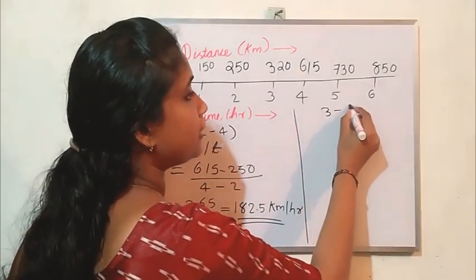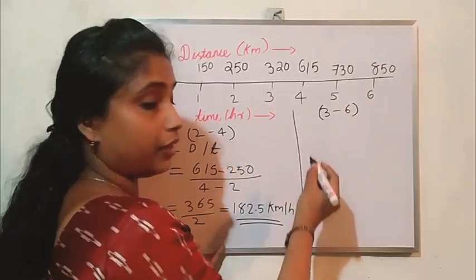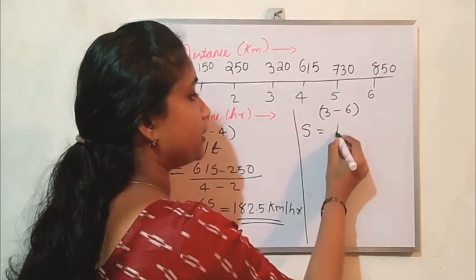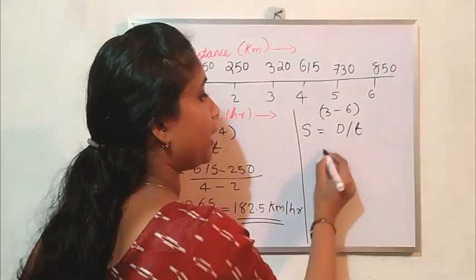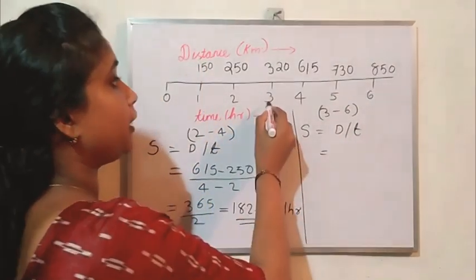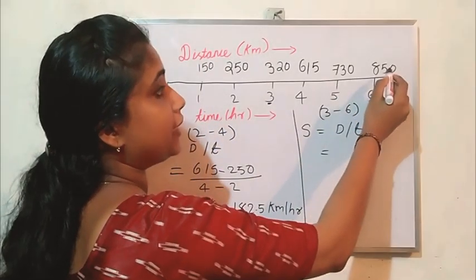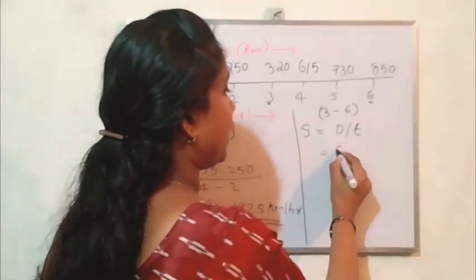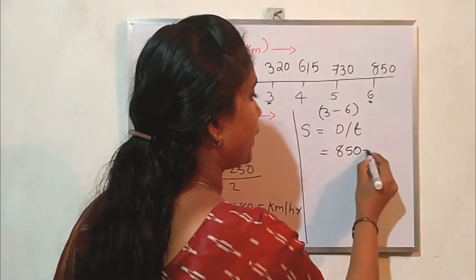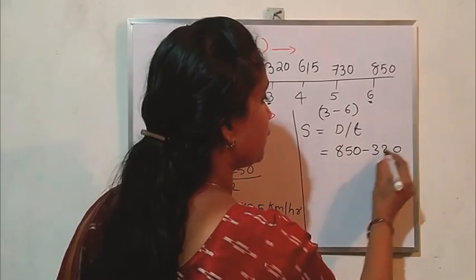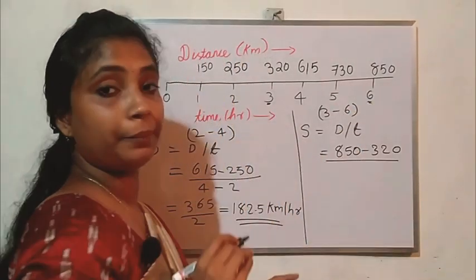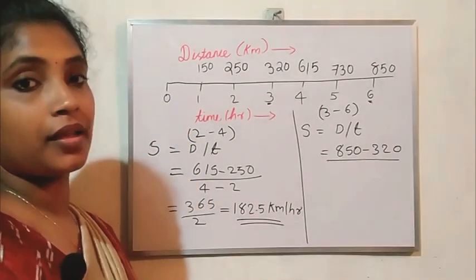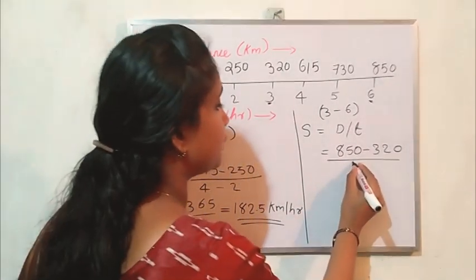3 hour and 6 hour. We have speed S is equal to distance traveled by time. And what is distance traveled here? 3 to 6. It is 850 minus 320. What is time? 6 minus 3.